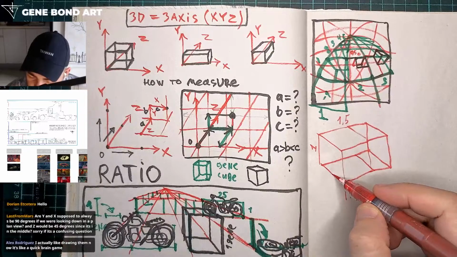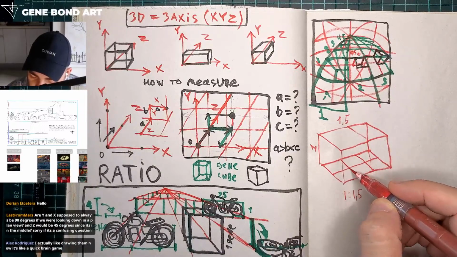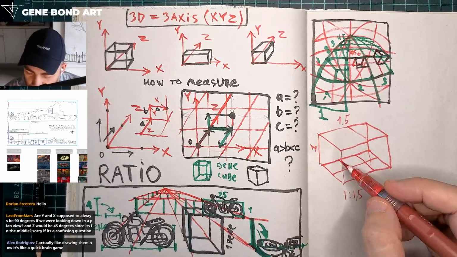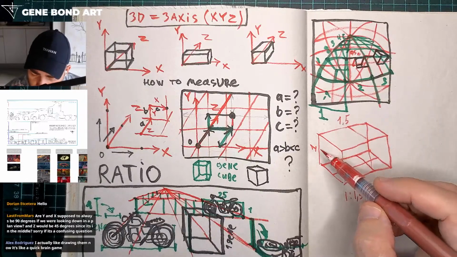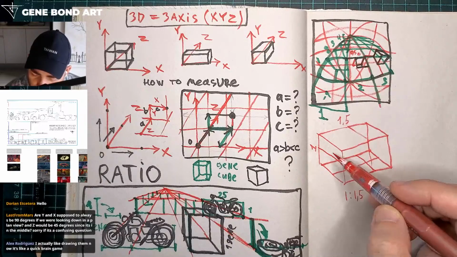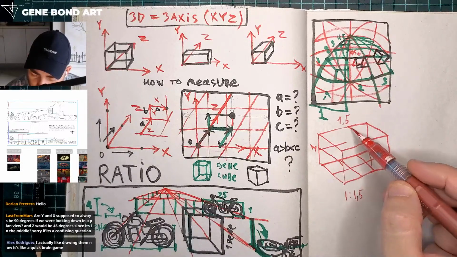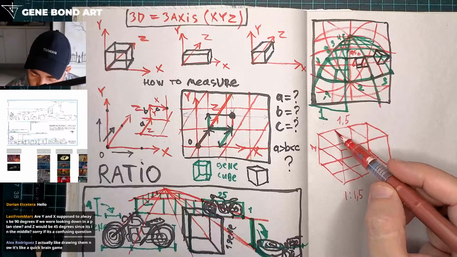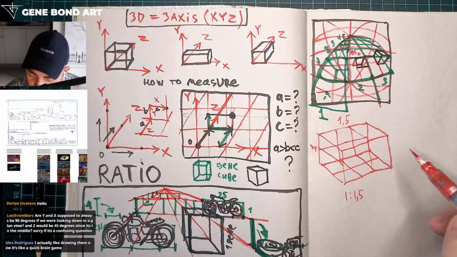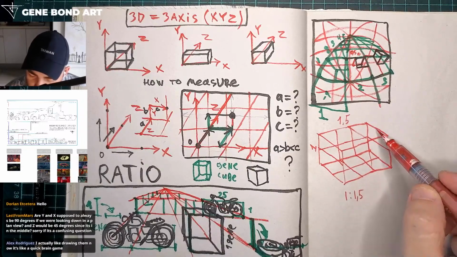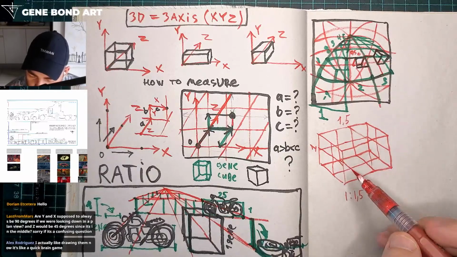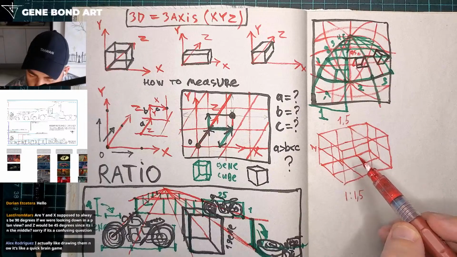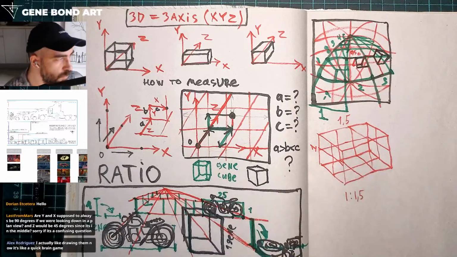So now look, on the ground I have basically 6 squares, right? So if I subdivide inside the interior, how many cubes are inside this interior? 4 times 6, 24.